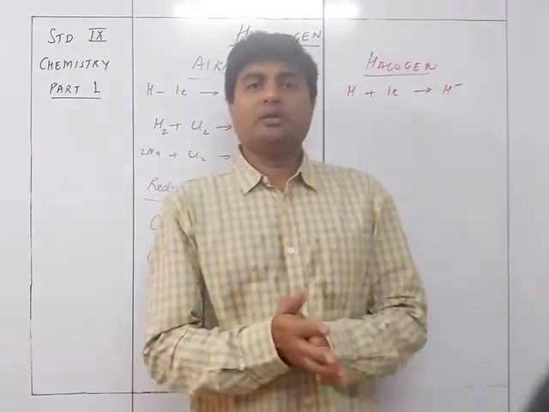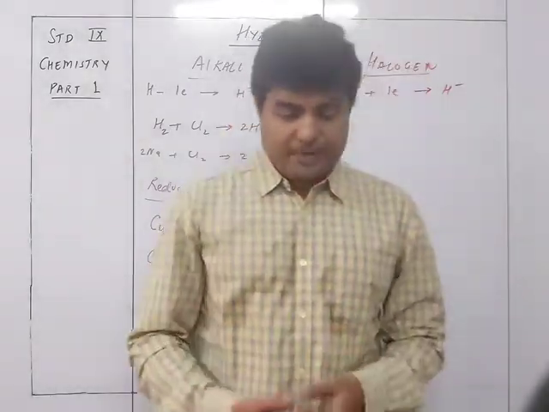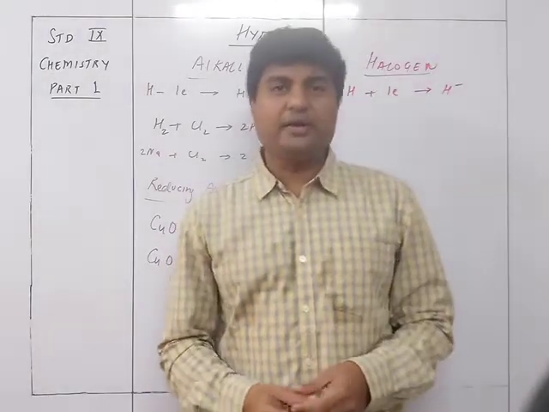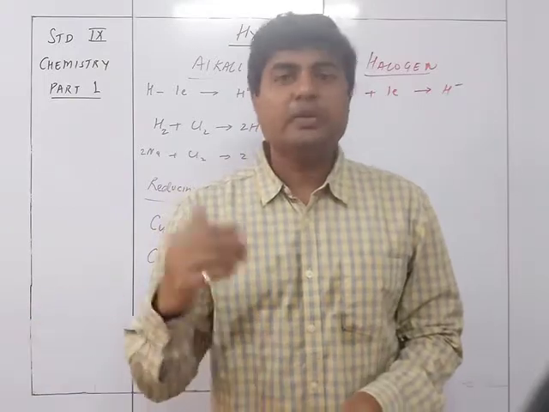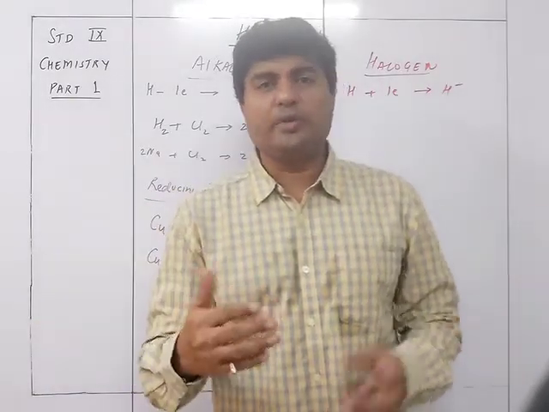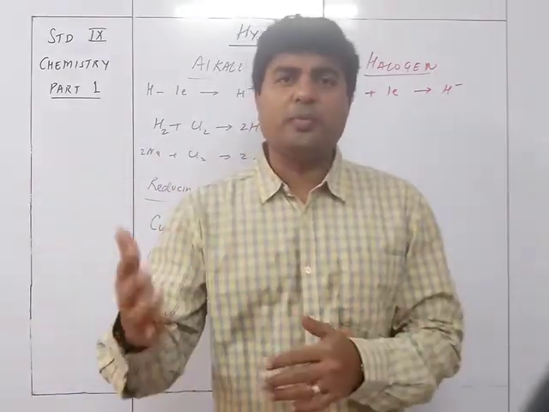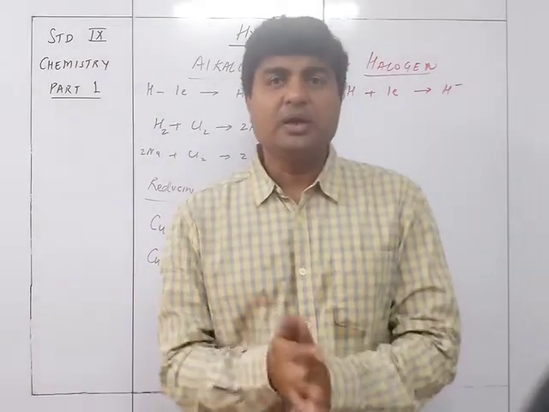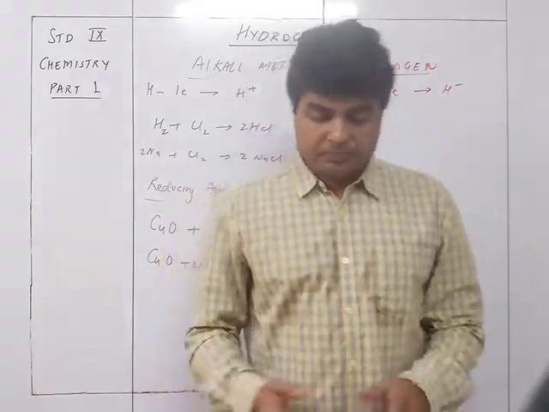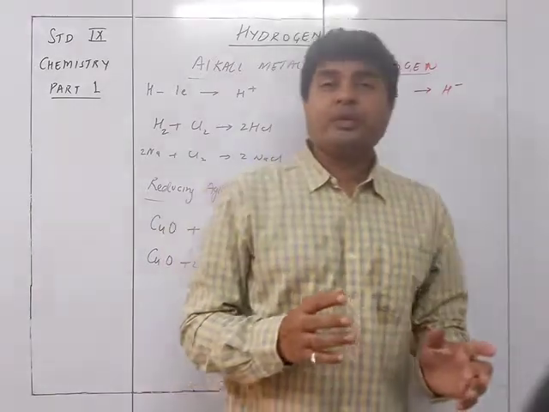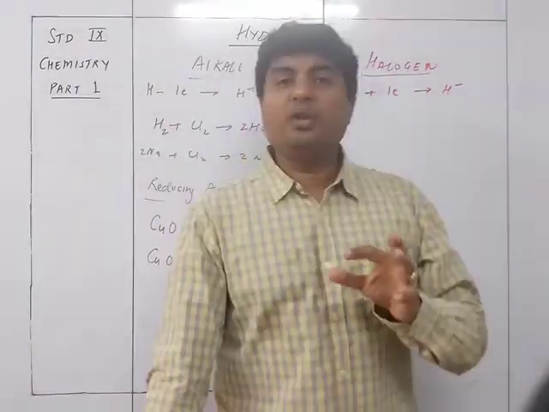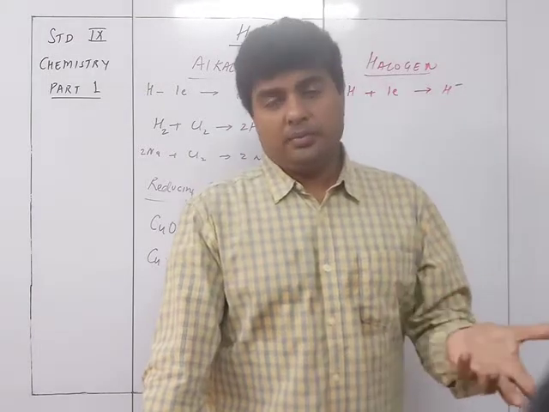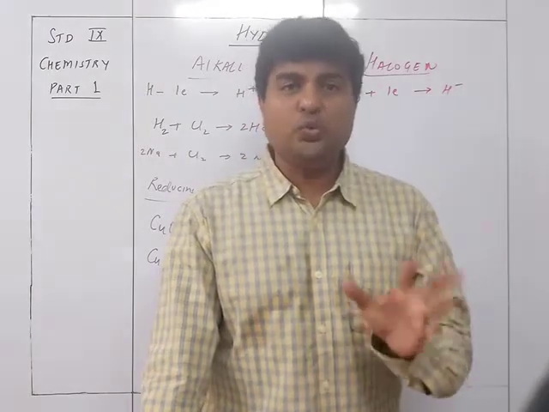Similarly, fluorine is 2,7, so it needs one more to become 2,8. Chlorine is 2,8,7, adding one more gives 2,8,8, hence argon. Similarly, hydrogen, if it gets one electron, will have the electronic configuration of just 2, which is that of helium.